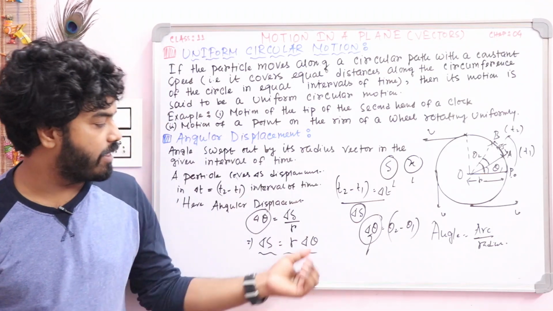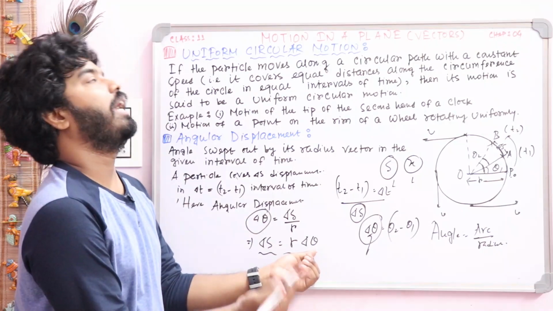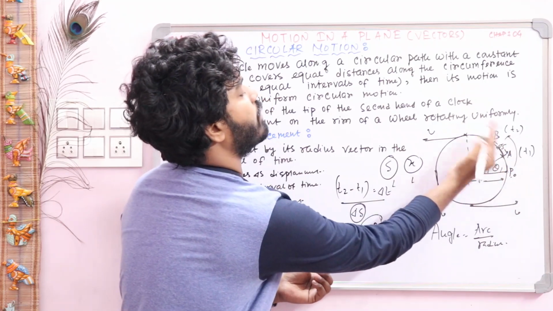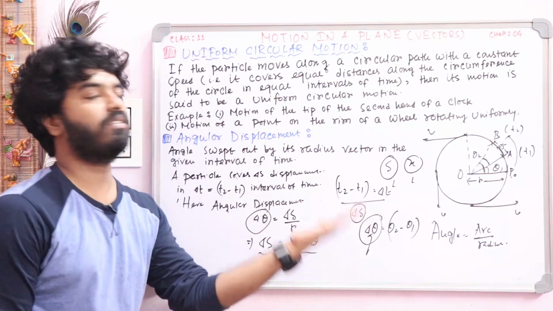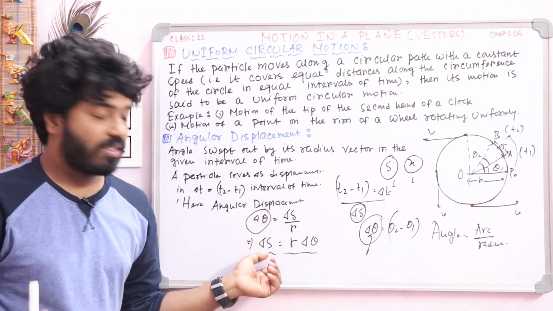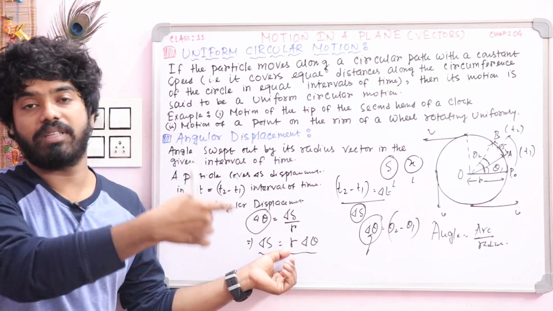Here del theta is the angular displacement, the angular shift. You see, from this point to this point, angular shift. How much angle the body has shifted. This one is angular displacement, this one is the linear displacement, and r is the radius of this circle.